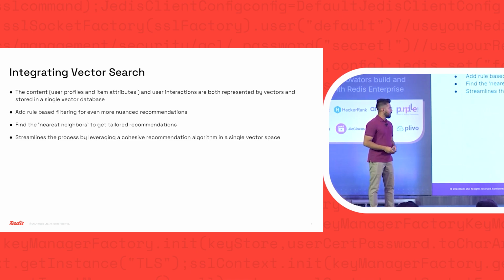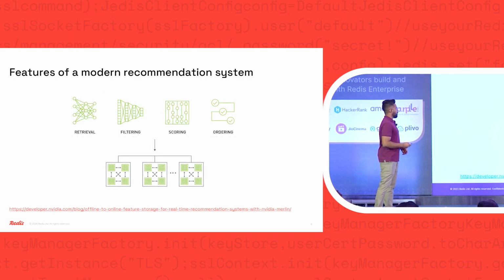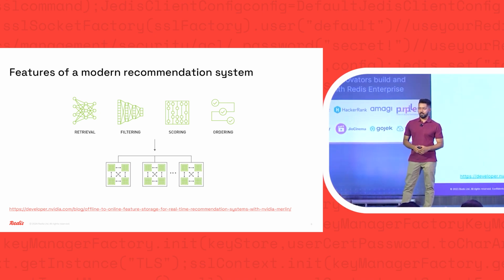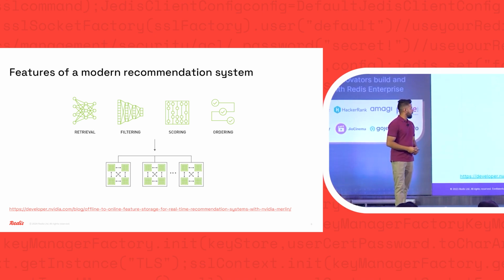vector search. So at a very high level, I would say the features of a modern recommendation system, and this is from our public blog that we did with NVIDIA in their Triton platform. A real-time online recommendation system, as opposed to an offline recommendation system, has these 4 steps: retrieval, filtering, scoring, and ordering.